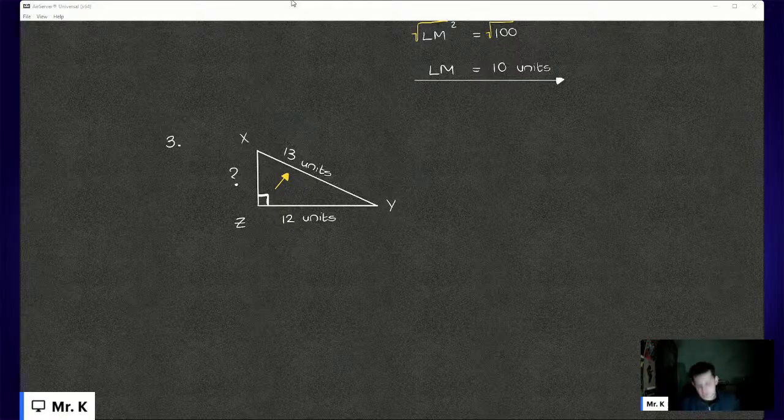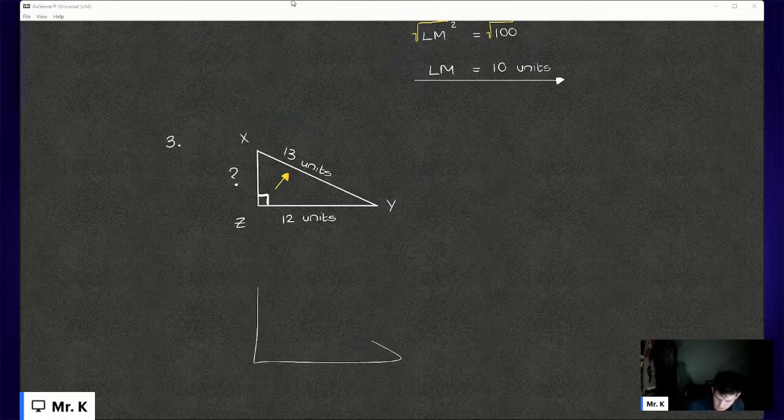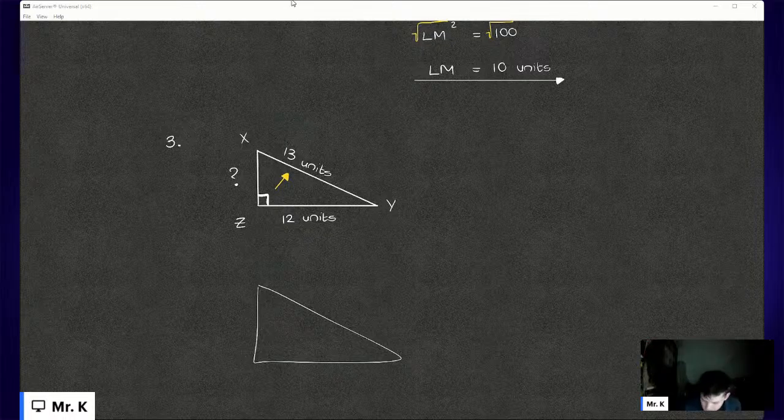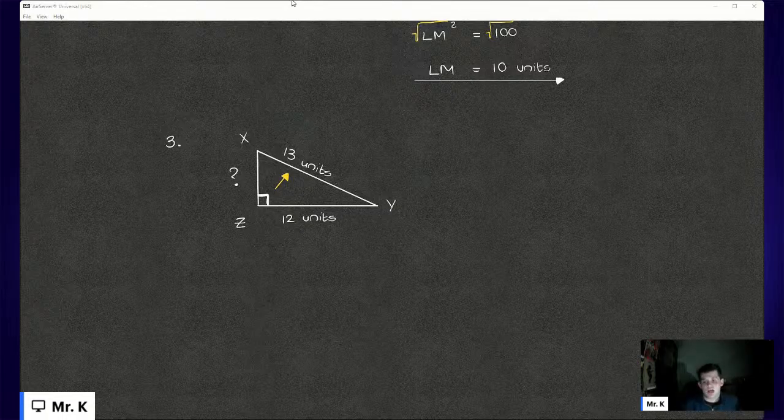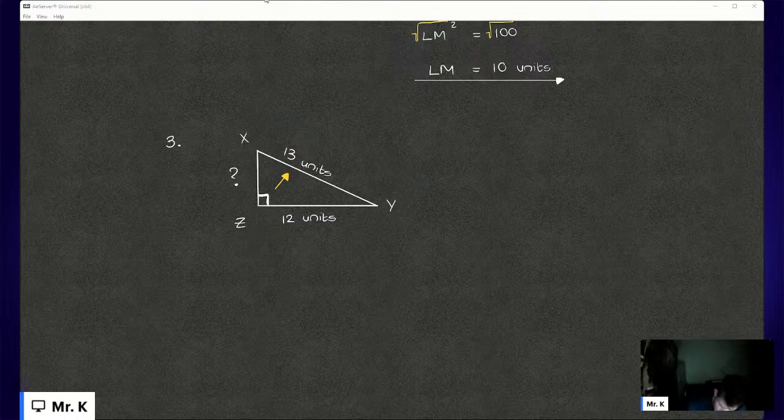Okay, so example number 3, guys. Let's take a look. Again, just please keep in mind, Pythagoras in its standard form is going to tell us that the hypotenuse, the longest side, is equal to the sum of the squares of the 2 shorter sides, right? So with that being said, before you try and automatically solve for the third side, write the theorem out in its standard form.